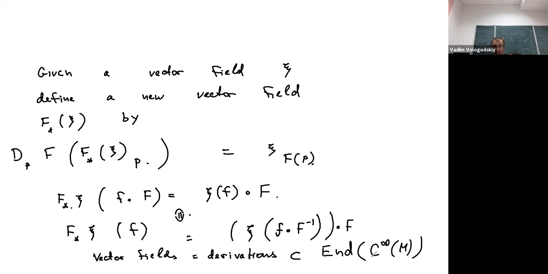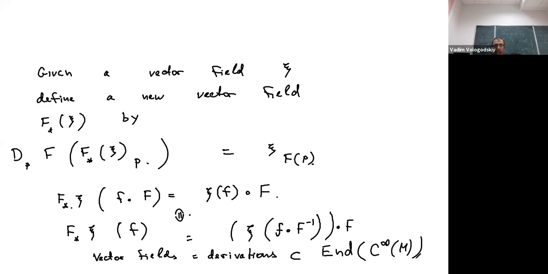Any diffeomorphism defines an endomorphism of the space of C infinity functions, and an automorphism of a vector space acts on the vector space of all endomorphisms of this vector space by conjugation, and that's the action that we consider. Okay, it happens that it takes derivation to derivation. Does it make sense?